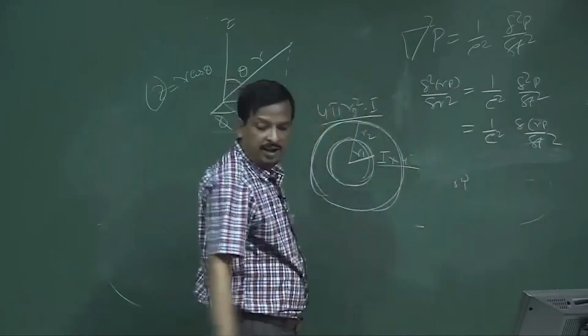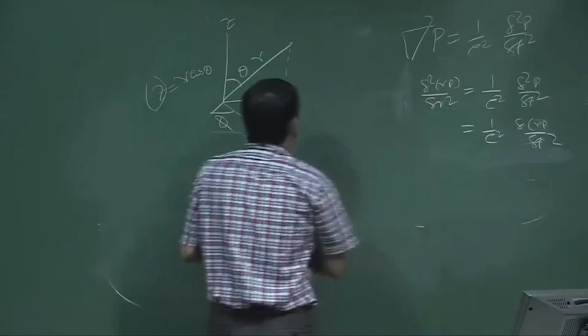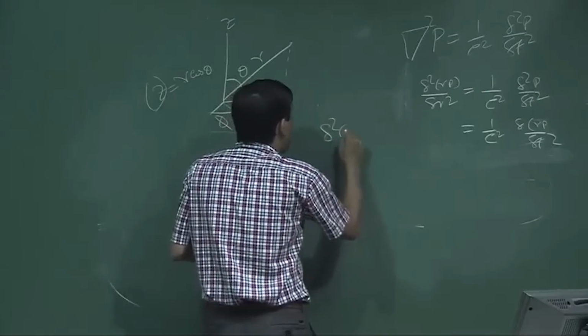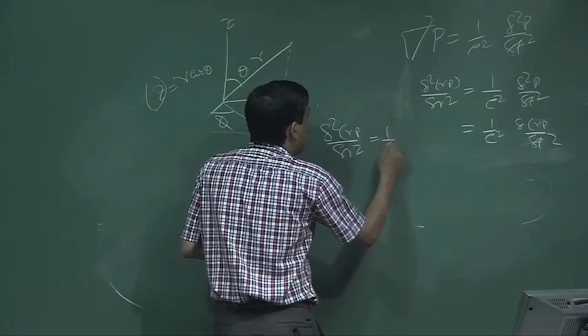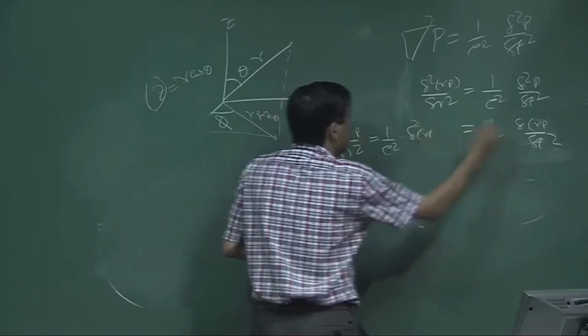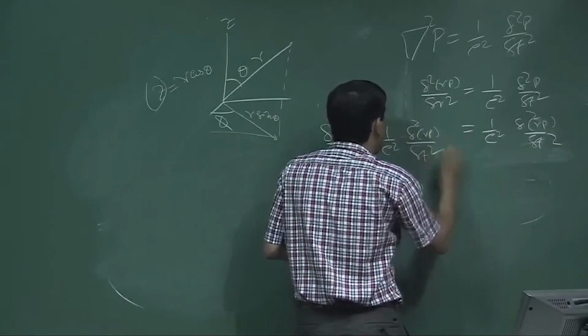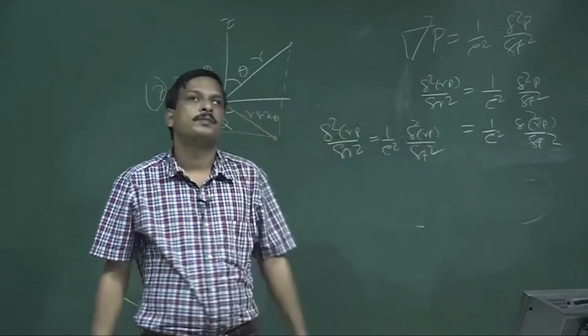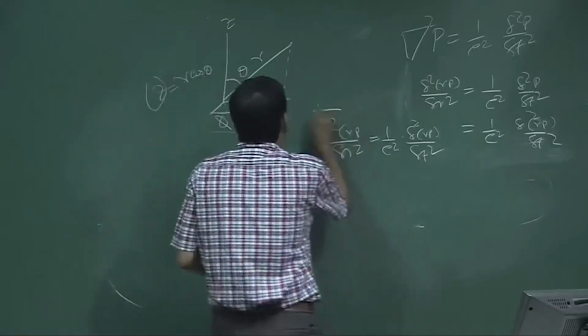So, I can say in case of spherical wave propagation, the wave equation becomes del square rp divided by del r square is equal to 1 by c square del square rp divided by del t square. Okay. So, this is the spherical wave propagation equation.